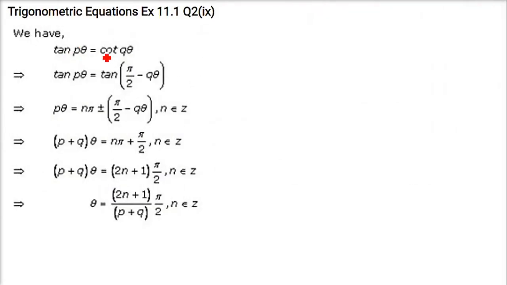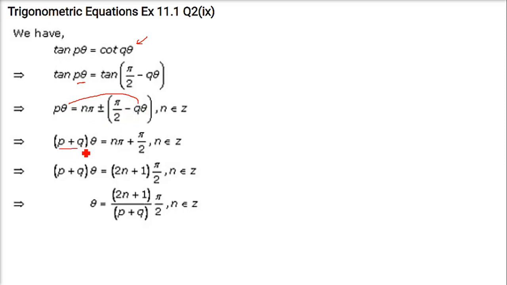Tan p theta equal to cot q theta. Now this cot can be written as tan pi by 2 minus q theta. This tan 90 minus theta is cot theta only. So p theta is simply equal to n pi plus or minus pi by 2 minus q theta. So what you can do here is, if you take the positive sign, n pi plus pi by 2 minus q theta, you bring q theta here. It will be p theta plus q theta.